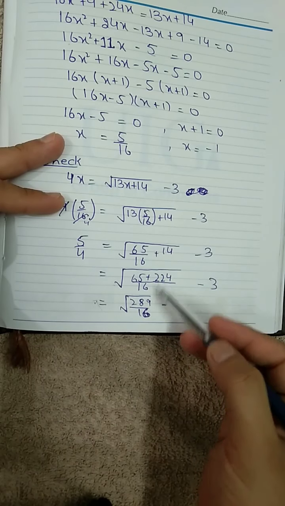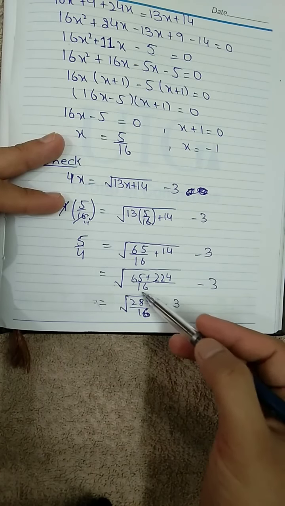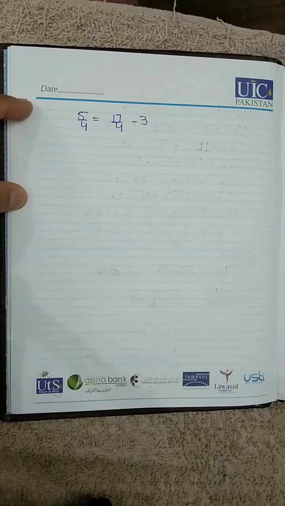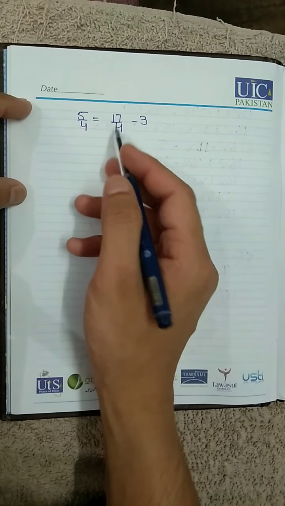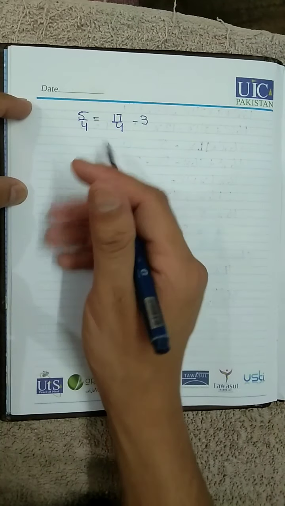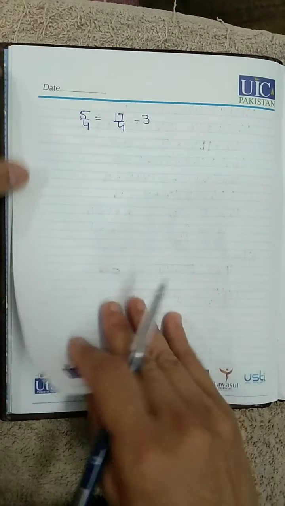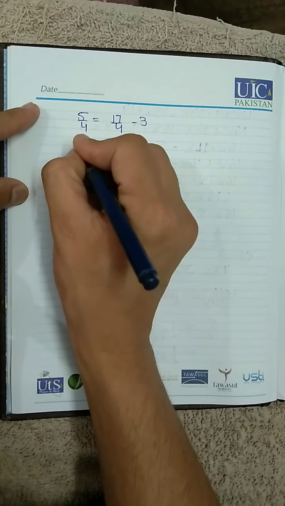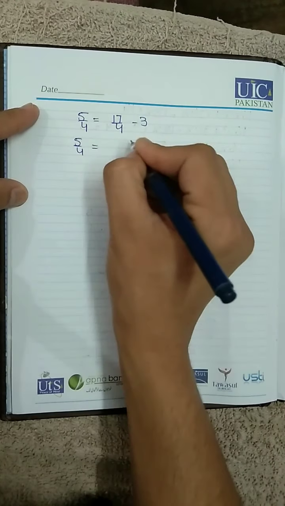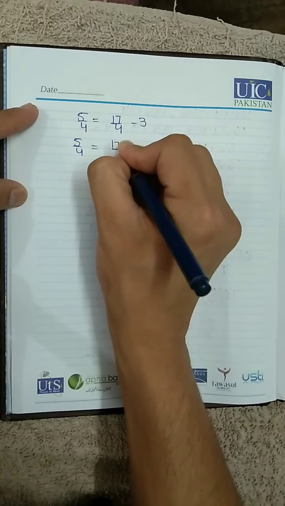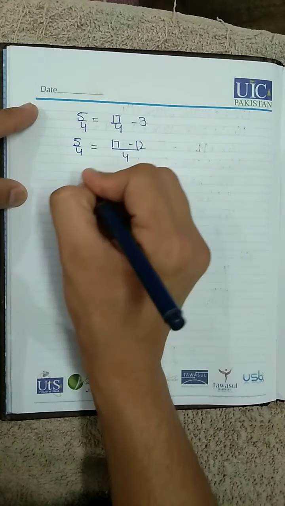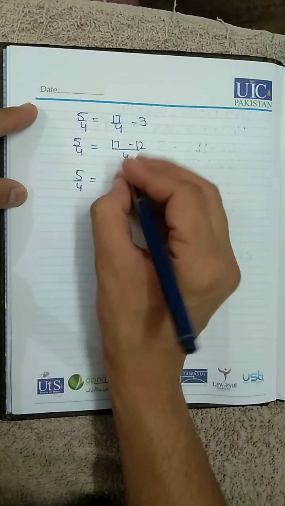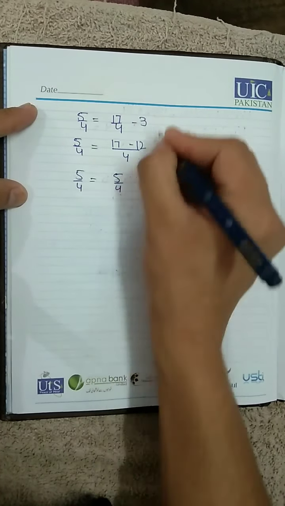So here I got on addition 289, which is the perfect square of 17, and below I have 16, which is the perfect square of 4. Let's solve it further. So here I got 5 over 4 is equal to 17 over 4 minus 3. 5 over 4 is equal to, 4 is the LCM, 17 minus 12 gives you 5 over 4. So they are equal.